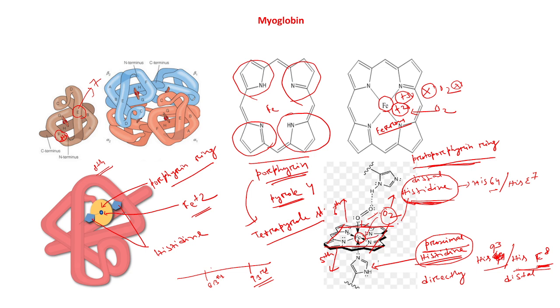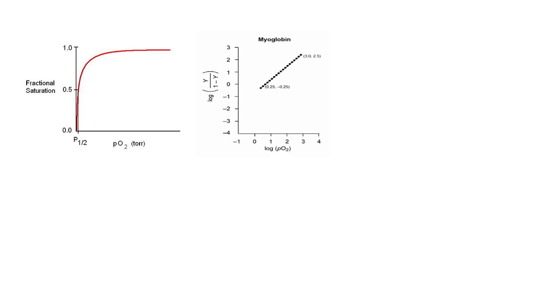Okay. So now come to the next slide, and this is called the oxygen binding curve of the myoglobin. This is called the oxygen binding curve. Okay, and the structure is like that.